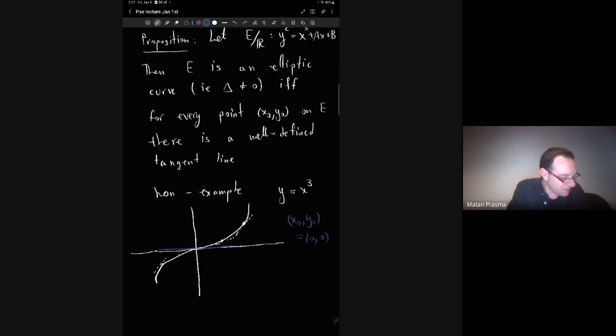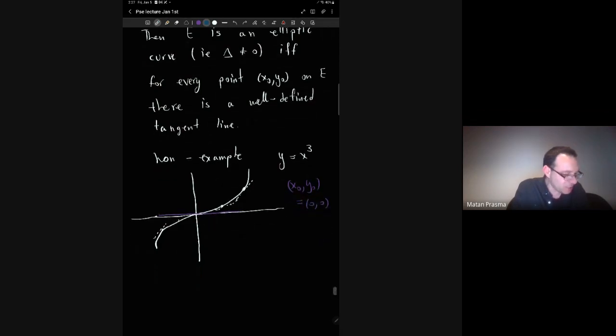The issue here is, I mean, this is not considered a tangent line. We do have the derivative. Okay, but you know what? Let me take it back.